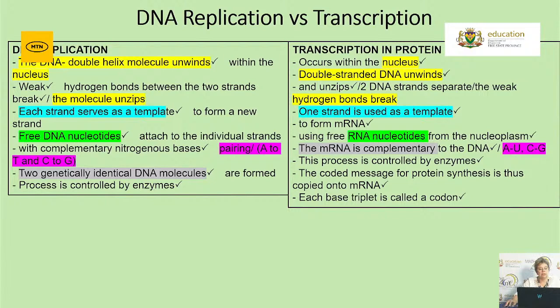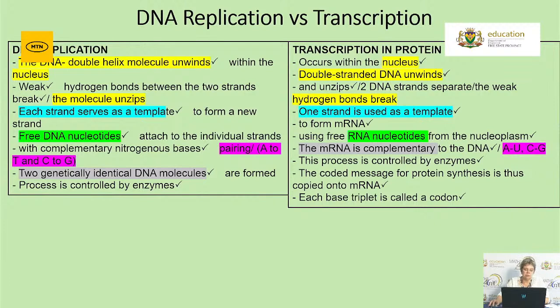We cannot only state the molecule unwinds or the DNA unwinds, it must be the DNA double helix unwinds. Also, we must say each strand serves as a template, and not just the DNA serves as a template, you must say each strand. And then we must indicate that it's 3 DNA nucleotides that will form a complementary base.